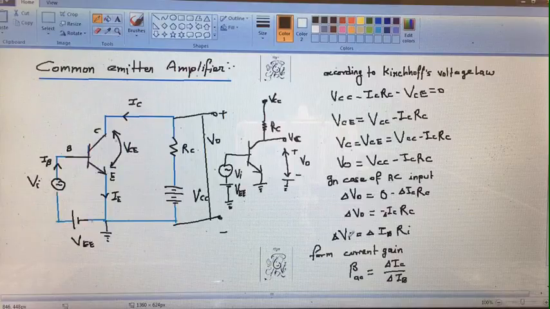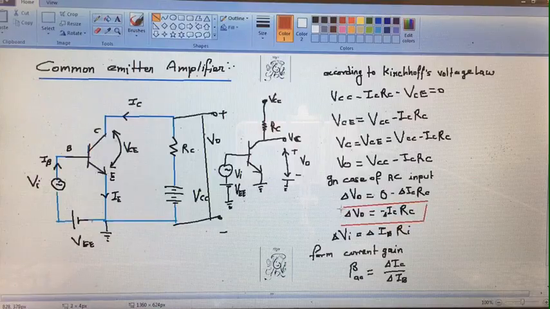So the output is minus ΔIC times RC, and our input is ΔIB times R input.